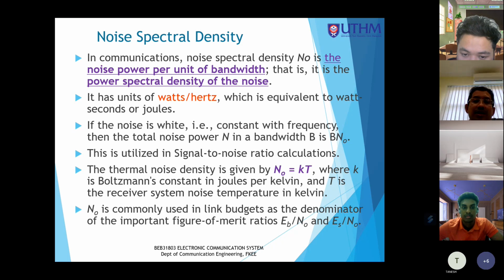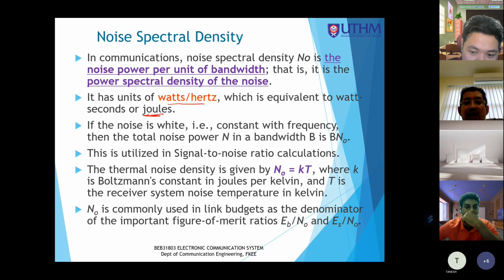Itu sebabnya unitnya adalah watts per hertz. Okay, noise power dalam watt dibahagikan dengan bandwidth dalam hertz. So you get the noise power spectral density, the unit is watts per hertz, or what we call as a watt seconds or joules. Okay, so unit yang lain adalah joules yang biasa kita gunakan.